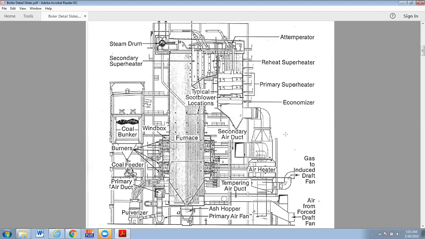But the theory is that there's really two main sources of NOx in the combustion world that affect utilities. One is called thermal NOx, and thermal NOx is caused by the dissociation at high temperature.